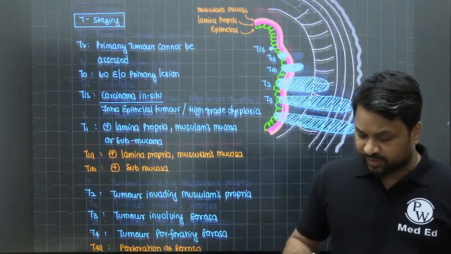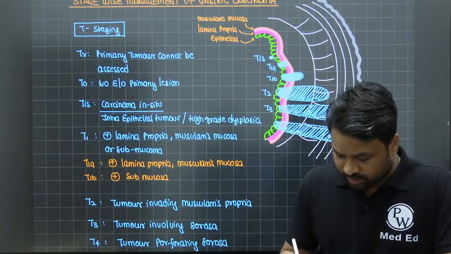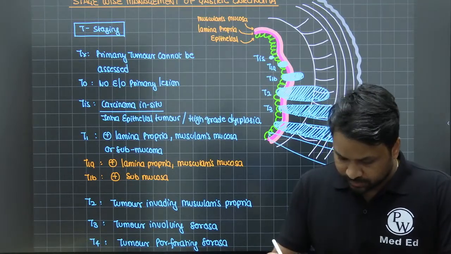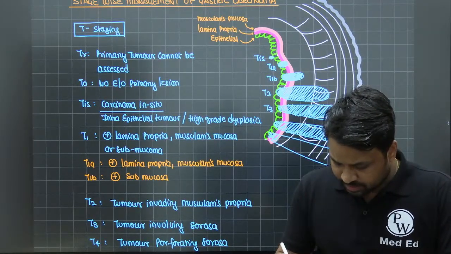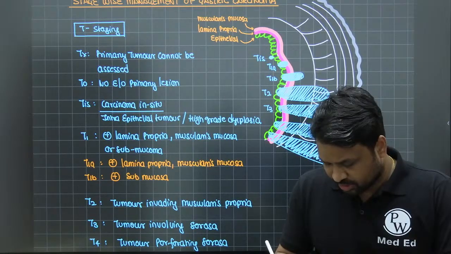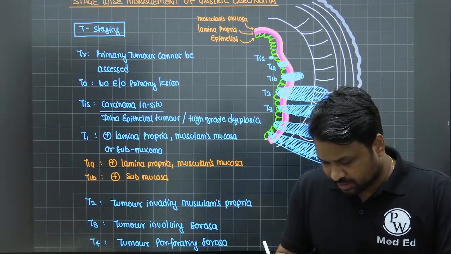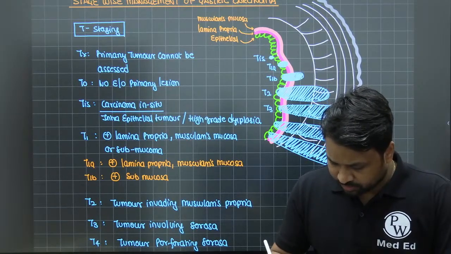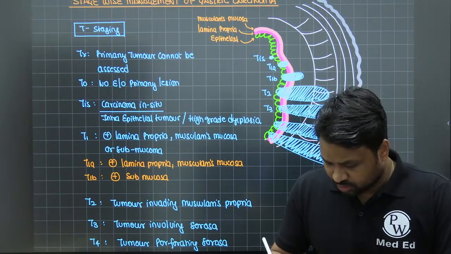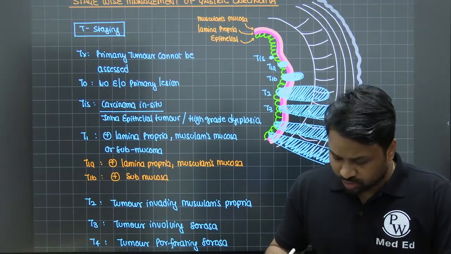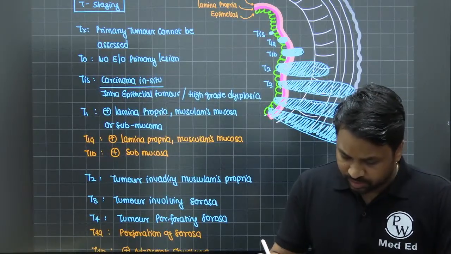But if it invades and goes onto the surrounding organs, say this is the tumor depicted, this is how the tumor is invading. It could be pancreas, it could be spleen. If any local organ is being invaded, this is T4B.